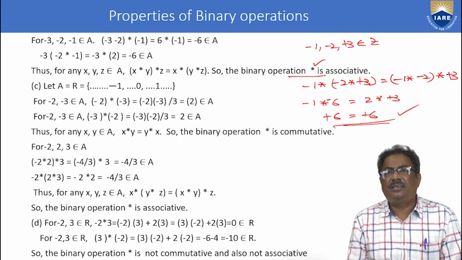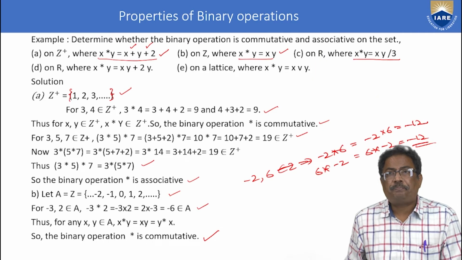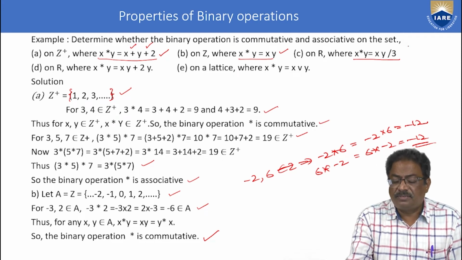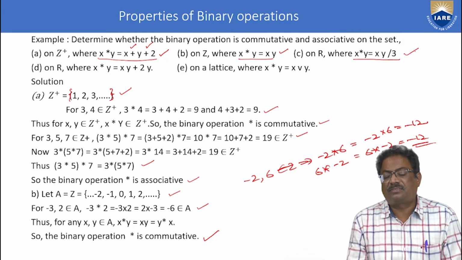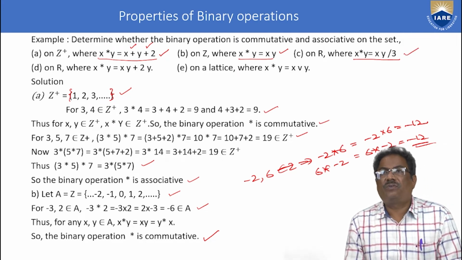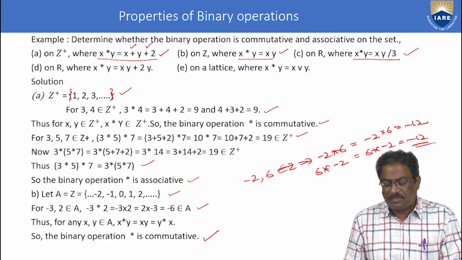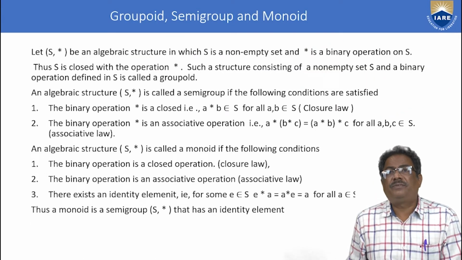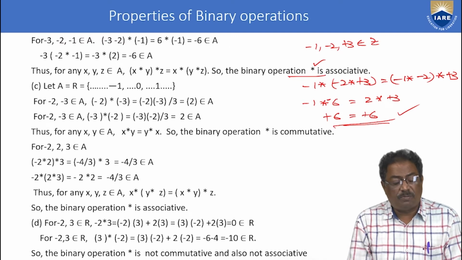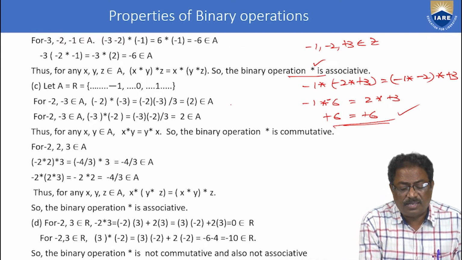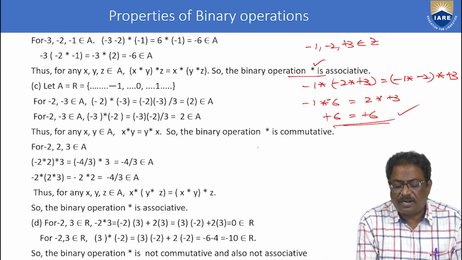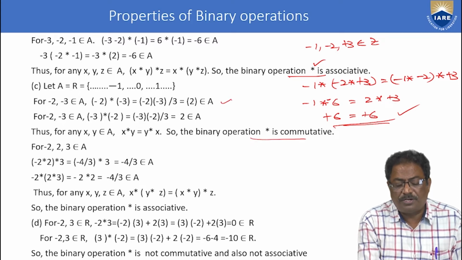And next, another one is on the real number system, x star y is equal to xy by 3. Here we just have to consider any two elements, and obviously it is a commutative law.